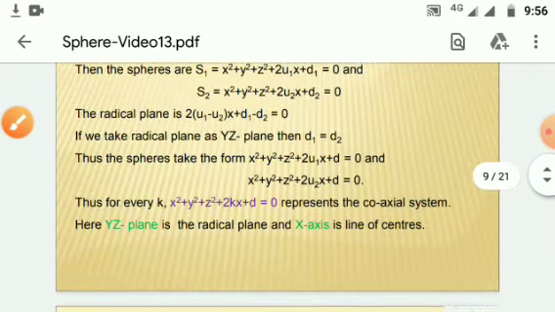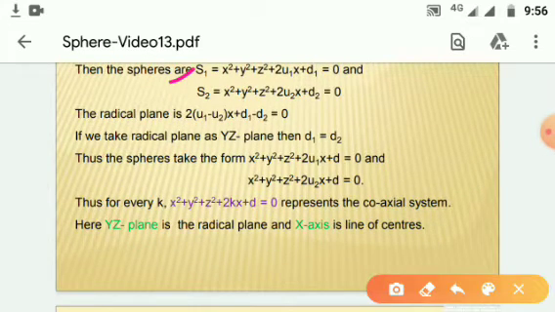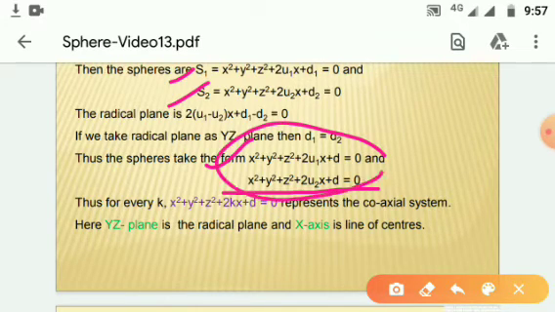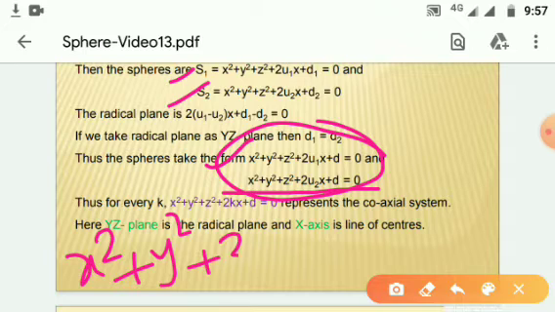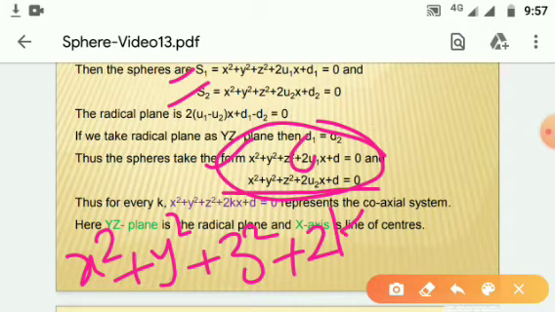will be converted into x square plus y square plus z square plus 2u1x plus d is equal to 0, and S2 will become like this. So by these two equations, we can write a common equation like this: x square plus y square plus z square plus 2u1x, 2u2x, we can write 2kx plus d is equal to 0.